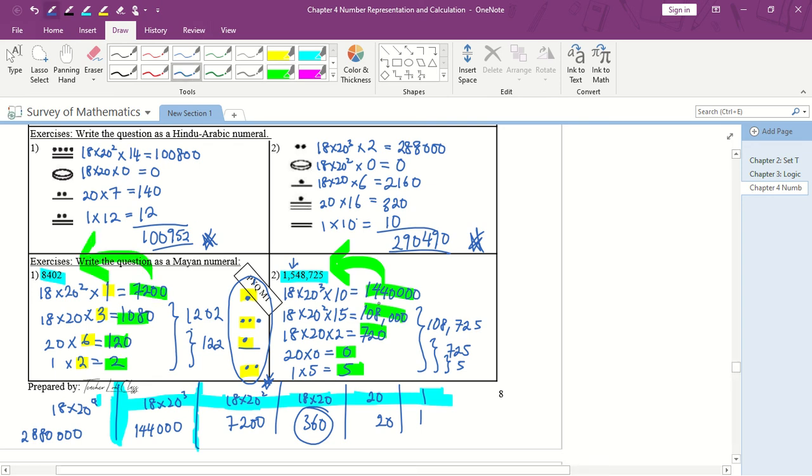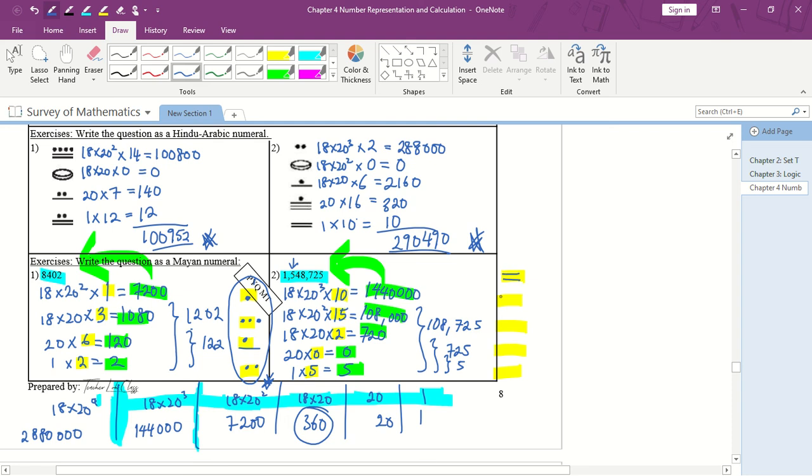Okay, and now we need to draw the Mayan numerals, right? So we highlight the numbers here. Okay, 1, 2, 3, 4, 5, and that is what we need to write as our final answer. Okay, 10. So how we represent 10? We represent 10 with 2 lines. Okay, how we represent 15?